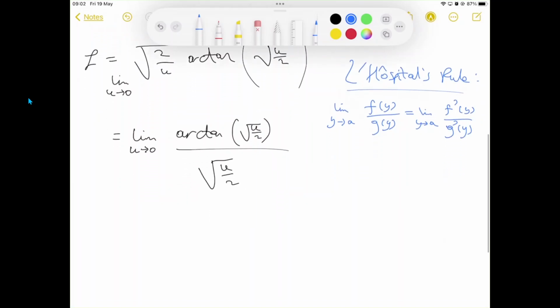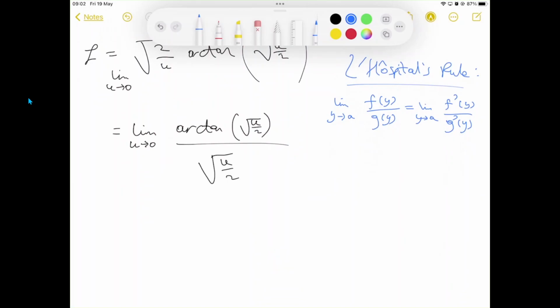If I were to use this principle, all I would need to do is differentiate the numerator, differentiate the denominator, and make it easier for myself to work out the limit.